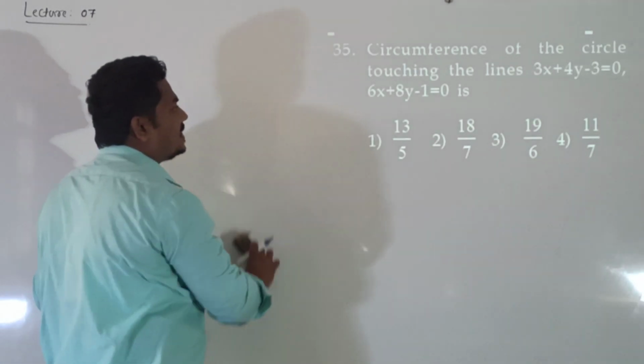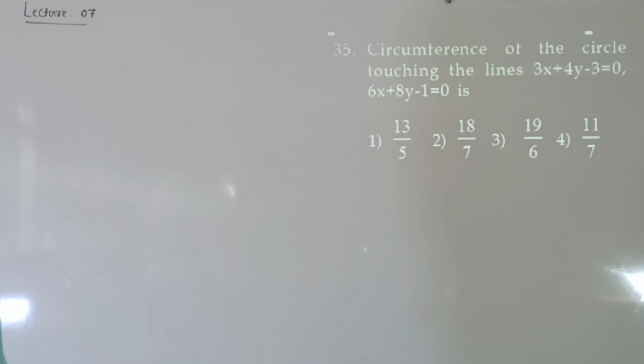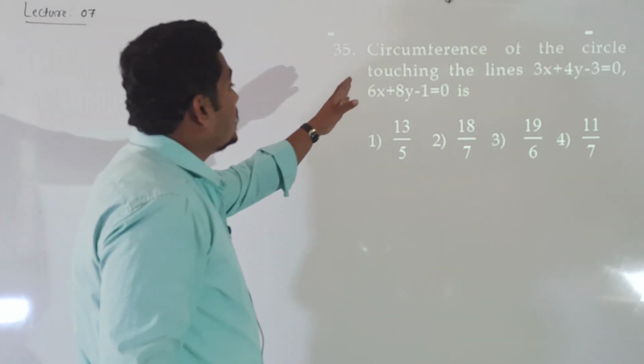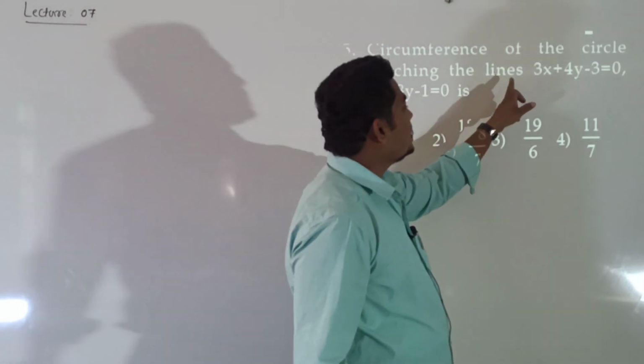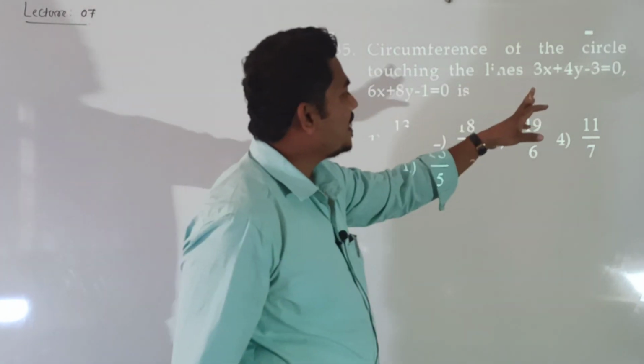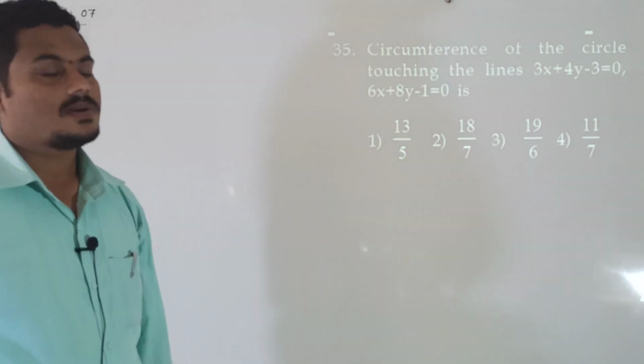Next question, that is question number 35. Circumference of the circle touching the lines 3x plus 4y minus 3 equal to 0 and 6x plus 8y minus 1 equal to 0.